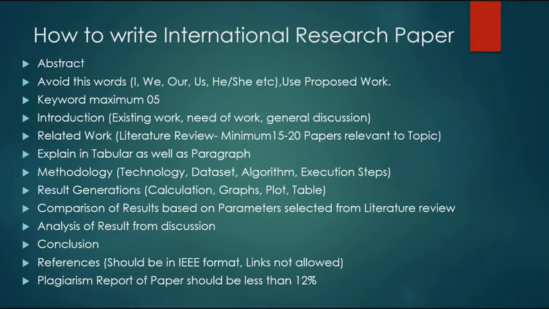So the very first thing is your abstract. The basic practice is to write your abstract at the last, once you are done writing the paper. Next, keywords. These keywords will be a maximum of 5.